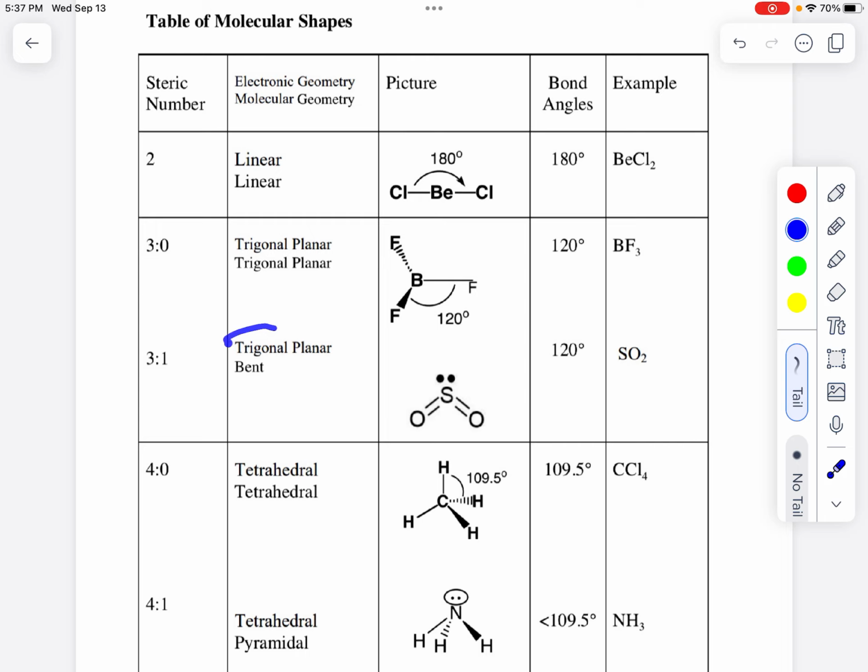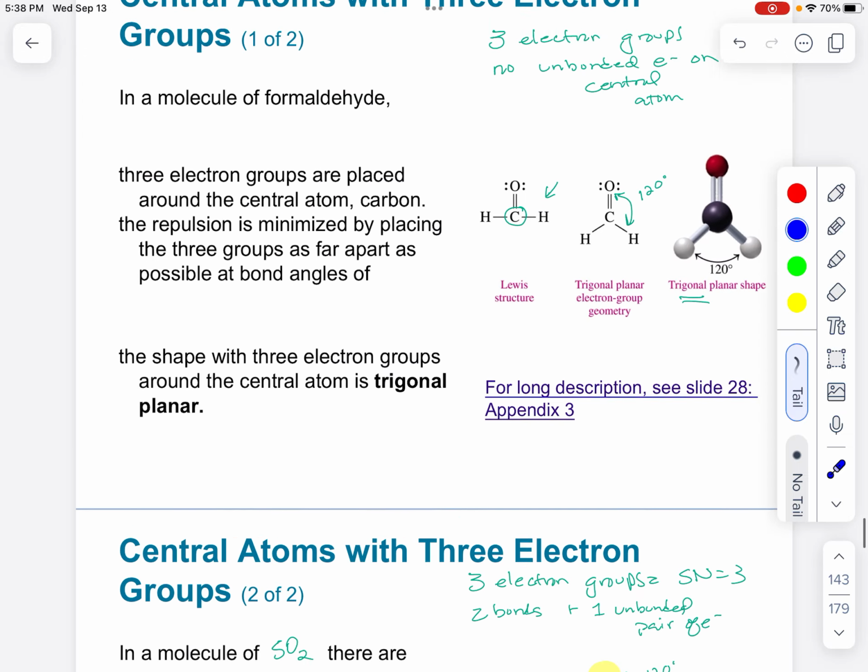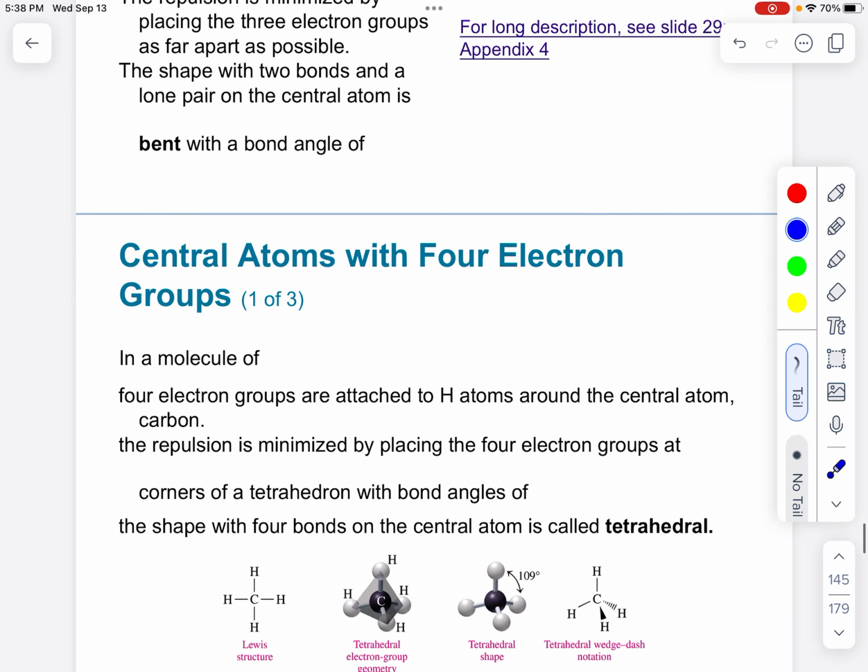And so the electronic geometry is trigonal planar. The molecular geometry is bent, and that angle is 120. Okay, so that's steric number 3.